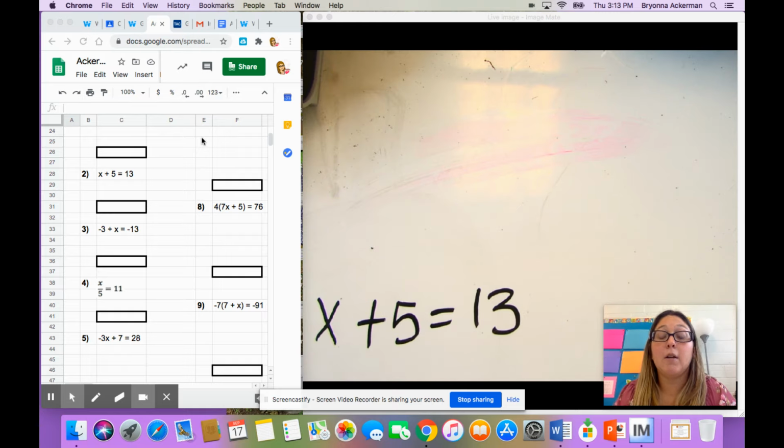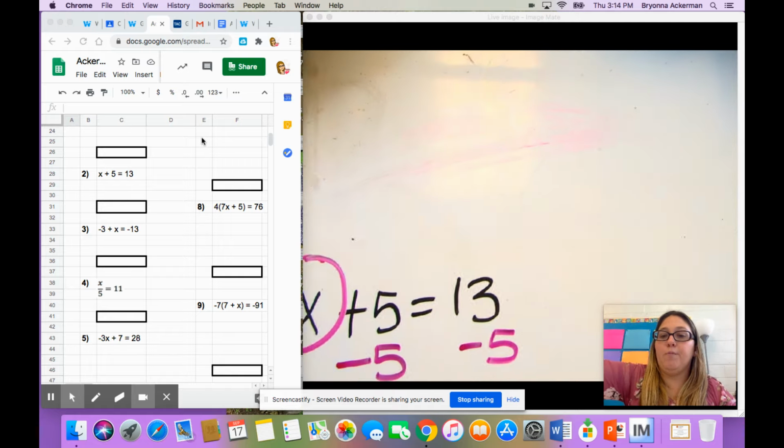So we're good. So my last step is to do the inverse operation of whatever is stuck with x, because we want to isolate x. We want x all by itself. So to get x all by itself, we need to do the opposite operation. So in this case, we have a plus 5. We need to subtract 5 from both sides.